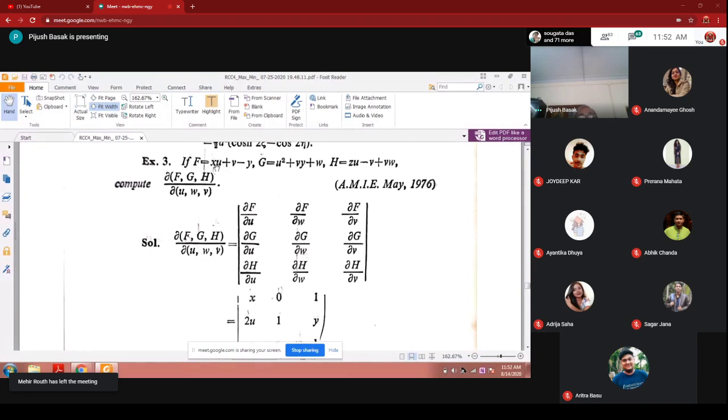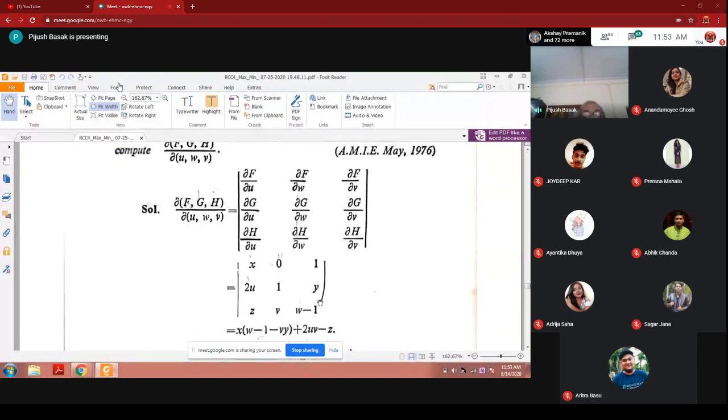So it is x. Similarly, del f by del v is 0. Similarly, del g by del v is 1.